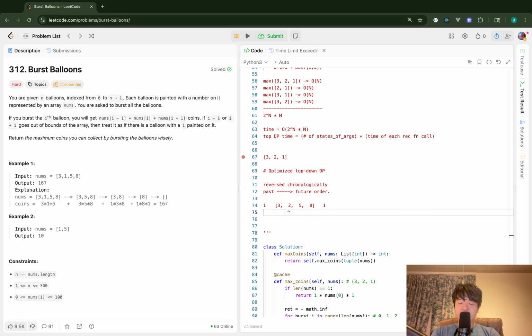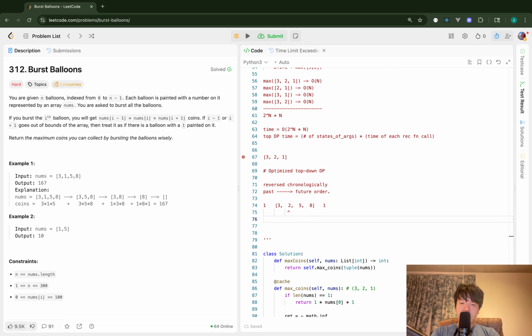So instead of thinking about which number I should burst first, I would think about which number is burst last, finally. So I was thinking in that way.